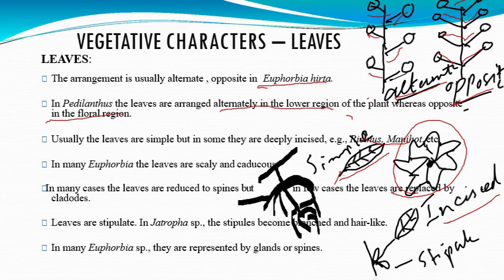So such type of leaf we call cladodes. So the Euphorbiaceae family also possesses cladodes.